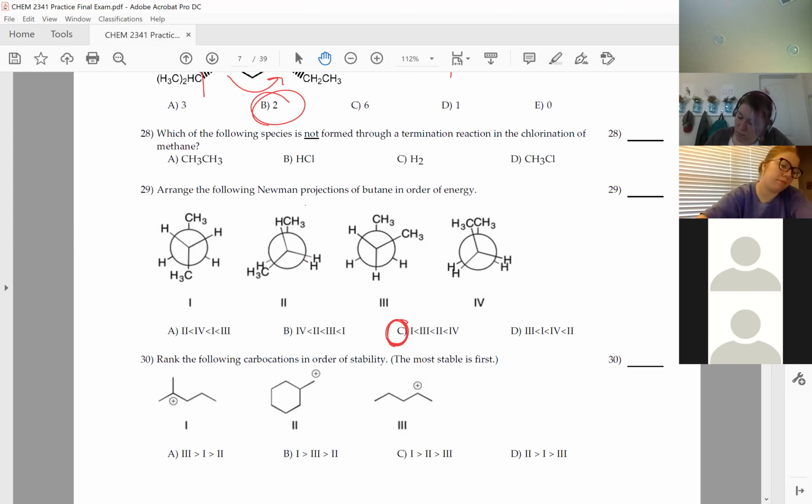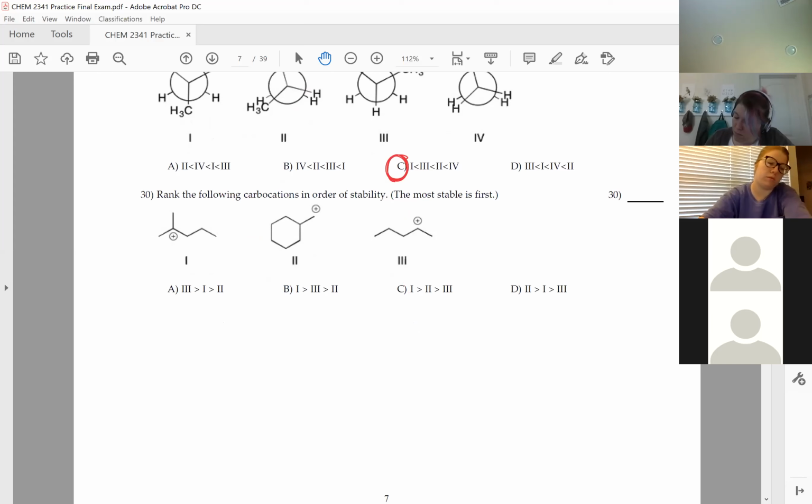Okay. Rank the following carbocations in order of stability, the most stable first. How do we know which carbocation is most stable? The most stable one is going to be the tertiary carbocation. Right, so we're looking for tertiary is greater than secondary, is greater than primary, is greater than methyl.